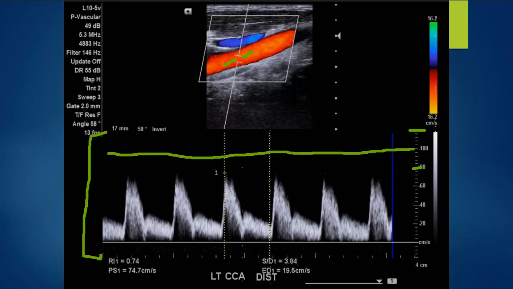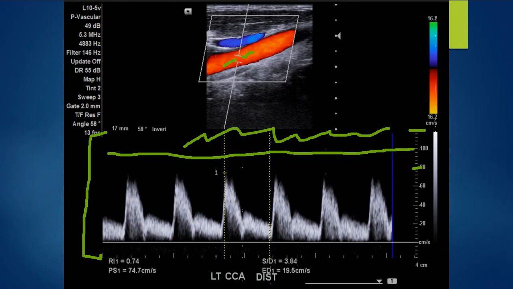And when you decrease your scale and get rid of all of this excess space up here, it makes your waveform appear a little bit larger on the screen. It's not changing any of the values. It's not changing any of the properties of that waveform or of that vessel. It's just occupying more of that spectral window. So you get a little bit more of a clean and crisp image of that waveform.